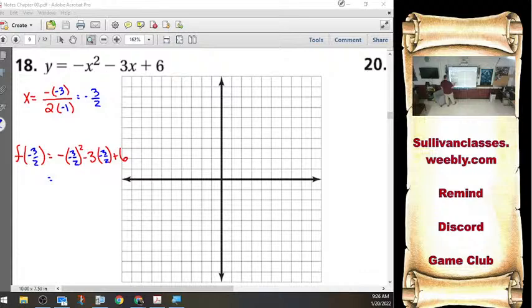Negative 9/4 plus 9/2, 18/4, is 9/4 plus 6 is 24/4, so 33/4.